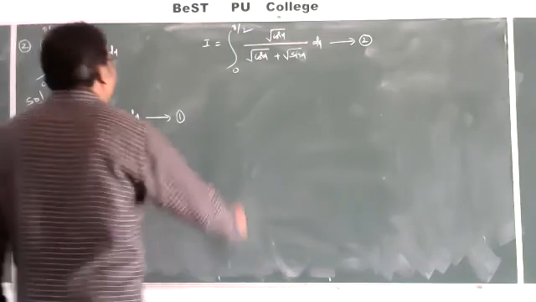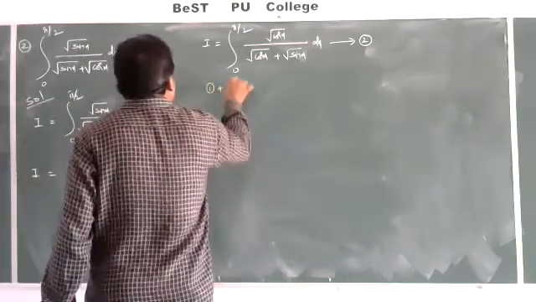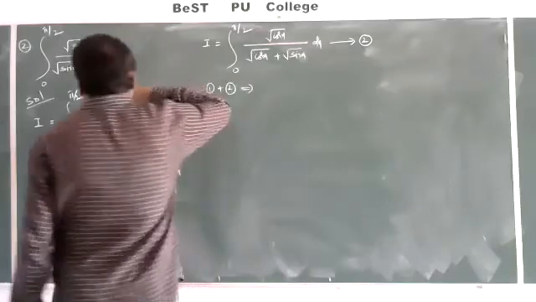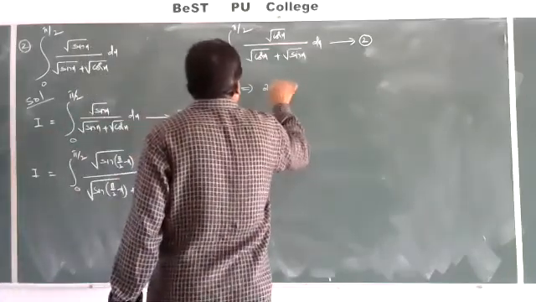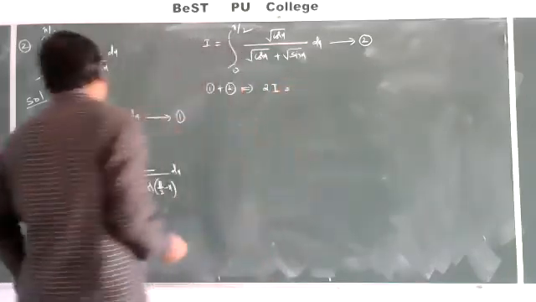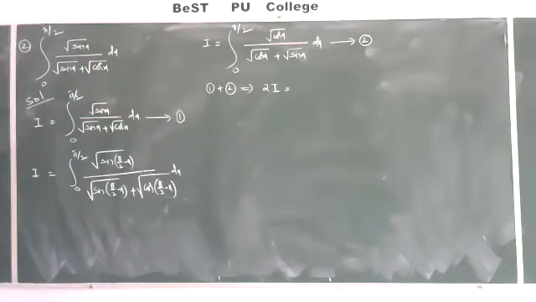Again adding 1 and 2. 1 plus 2 implies on the LHS, I plus I is 2I. In the first equation and the second equation, the integral limits are both the same.